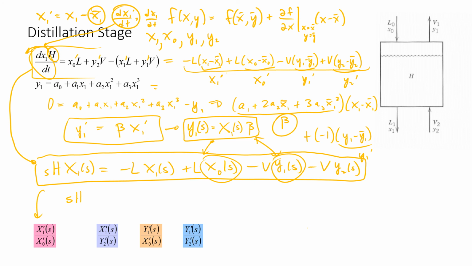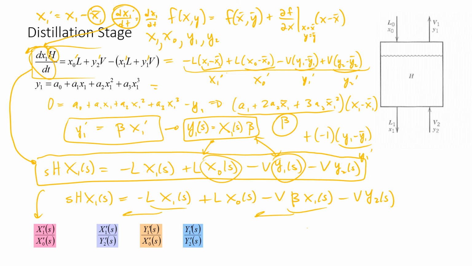So I have s h x1 of s equals minus L x1 of s plus L times x naught of s minus v times beta x1 of s minus v y2 of s as well. I'm going to collect all of my x1 terms onto the left hand side of the equation and factor those out.